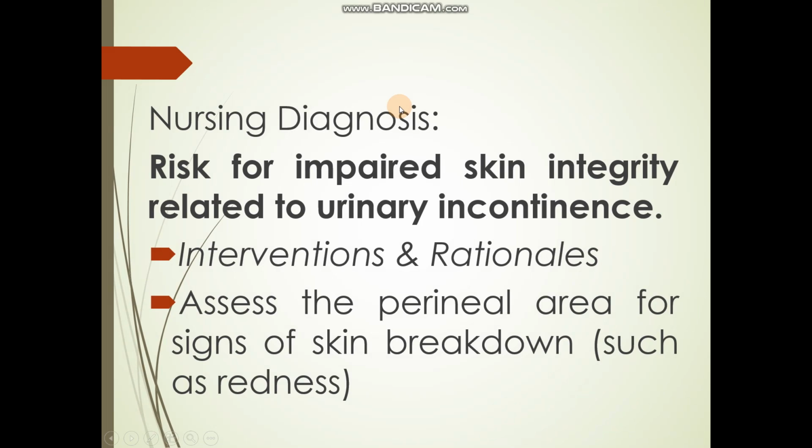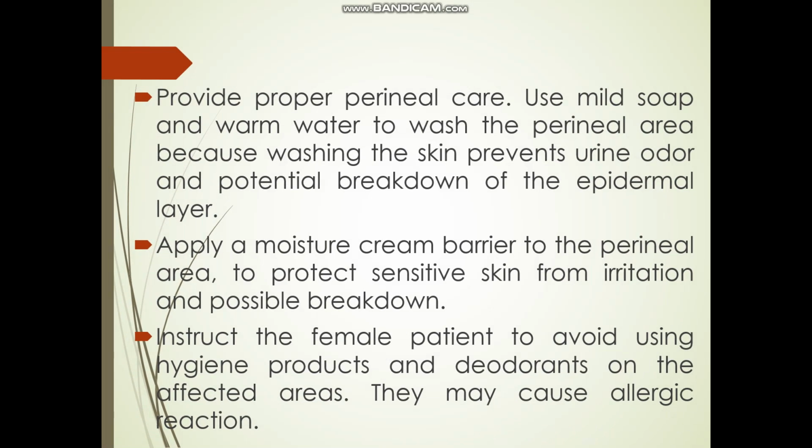Coming to the nursing diagnosis: risk for impaired skin integrity related to urinary incontinence. Continuously the urine is leaking, so it can lead to impaired skin integrity. Risk is there. So how can we take care? Assess the perineal area for signs and symptoms of skin breakdown, for example redness. We can provide proper perineal care, using mild soap and warm water to wash those areas.